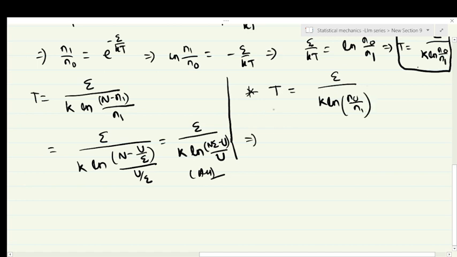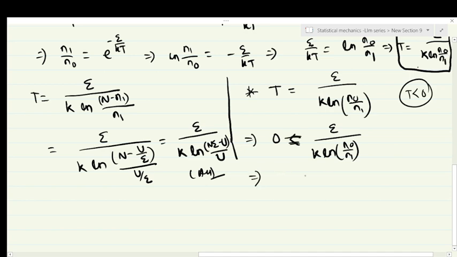T less than 0 means E by k ln N0 by N1 is less than 0, so ln N0 by N1 is less than 0. If T is less than 0, then N0 by N1 will be less than 1.